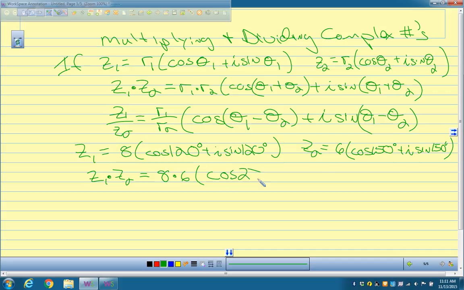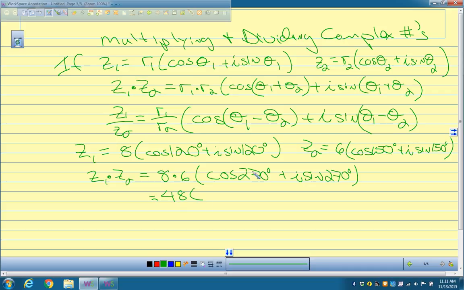So cosine 270 plus I sine 270. You guys see what I just did? I added together the angles and multiplied together the moduli. Is that the plural of moduluses? Moduluses? Okay. So that's equal to 48.